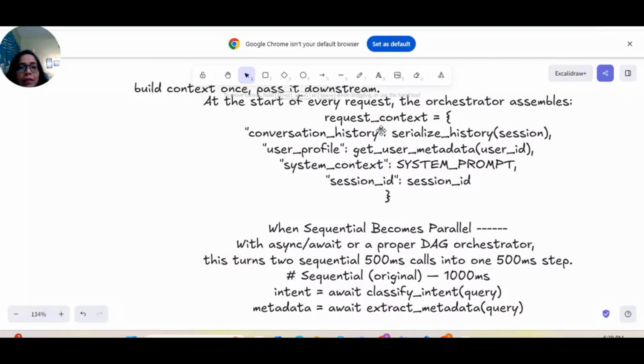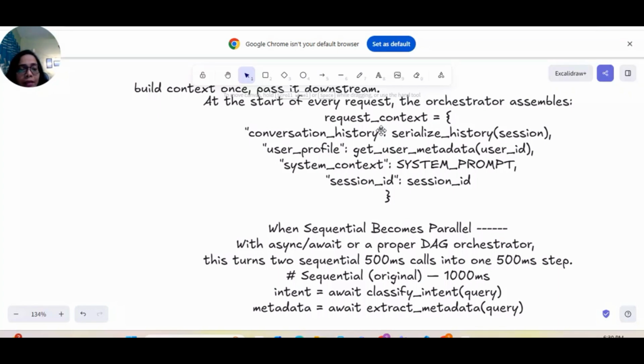And then I also mentioned that the complete process flow was sequential. Which steps can we make parallel so that we can reduce latency? One thing is that intent classification and the entity or metadata extraction are two independent tasks. They both can take the raw user query as input.